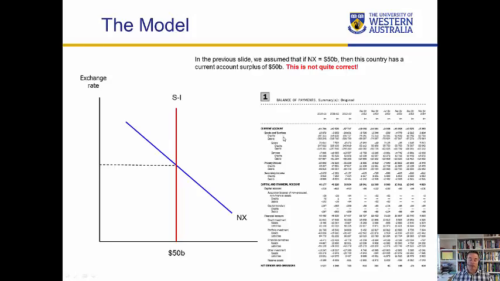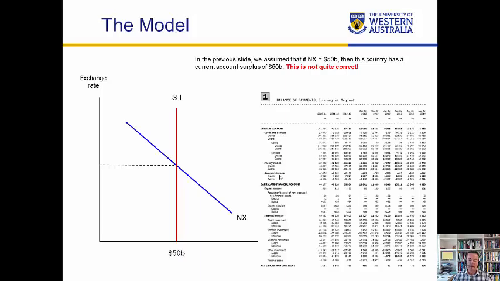So what I'm doing in this simplified model, by calling net exports 50 billion and then saying that the current account balance is also 50 billion, I'm basically assuming that under the current account the primary income balance is 0 and the secondary income balance is 0, and they remain at 0 throughout our analysis.